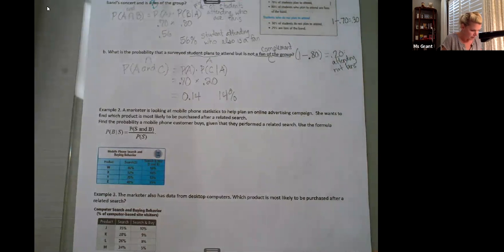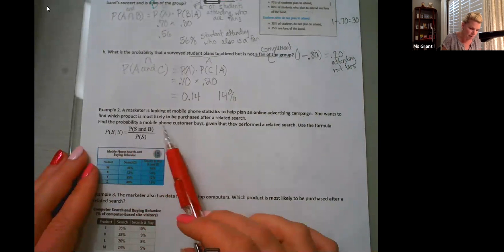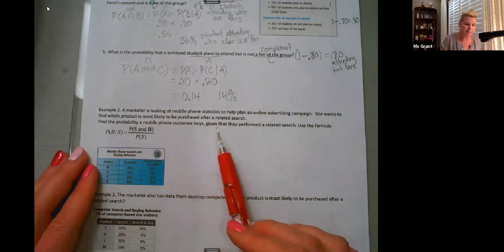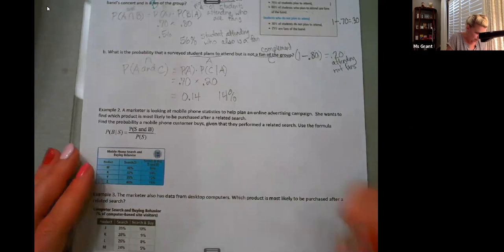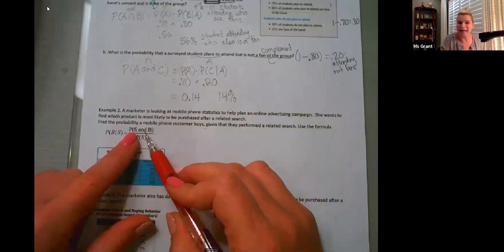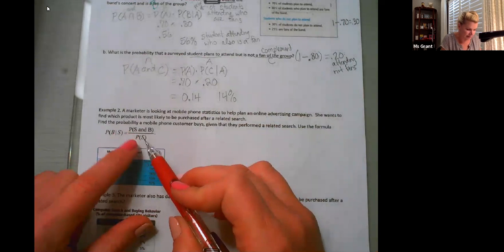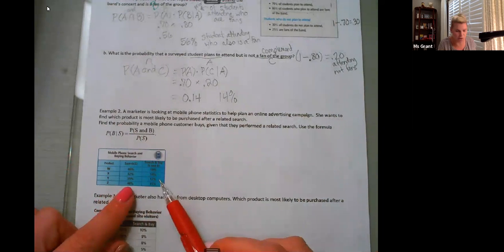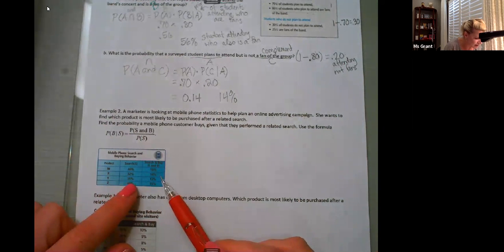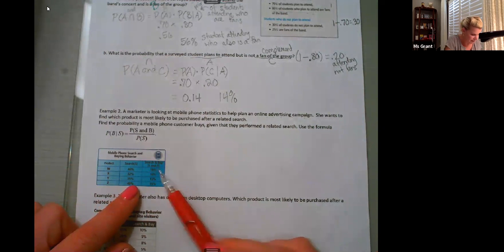Okay. So find the probability a mobile phone customer buys given that they performed the search. This formula is probability of searching and buying divided by the searching. Okay, so here's my chart, which looks great, by the way. I've got searching and buying is my column here.